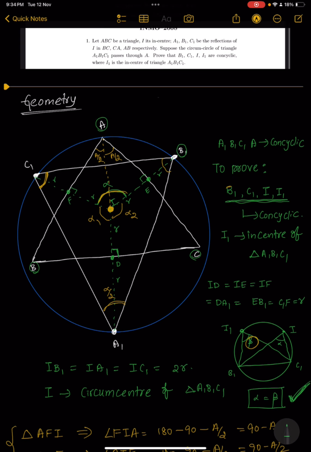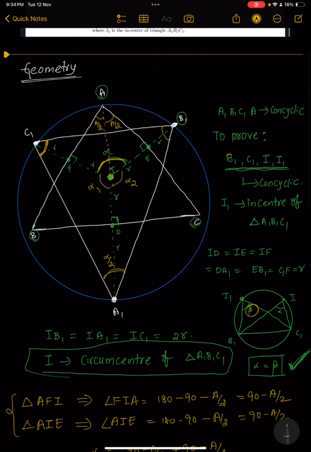So we already proved that I is the circumcenter of A1, B1, C1. So since I is the circumcenter, the distance AI will be 2r. But A is the angular bisector and I is the incenter. What is the distance between A and I? If we have a triangle and incenter I and there is a vertex A, what is AI?